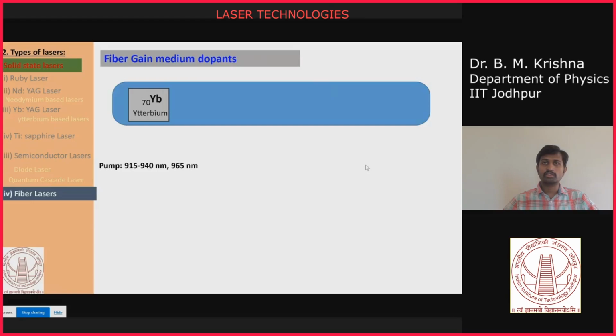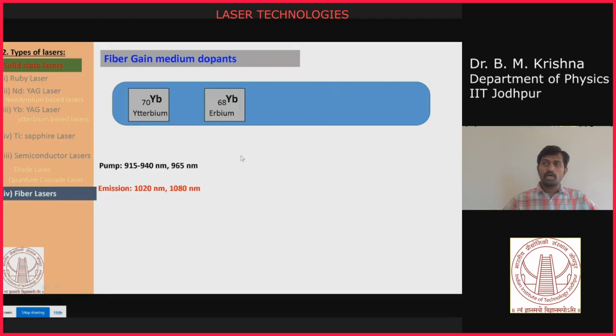These are the energy levels available to pump, or excite, your ytterbium atoms. The emission wavelengths from ytterbium fiber lasers are roughly around 1020 nanometers to 1080 nanometers. So this is one kind of gain medium you can use to dope.